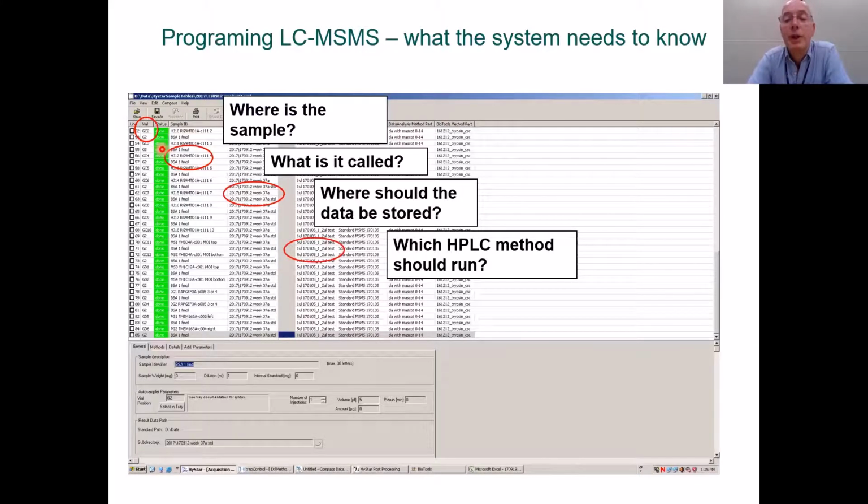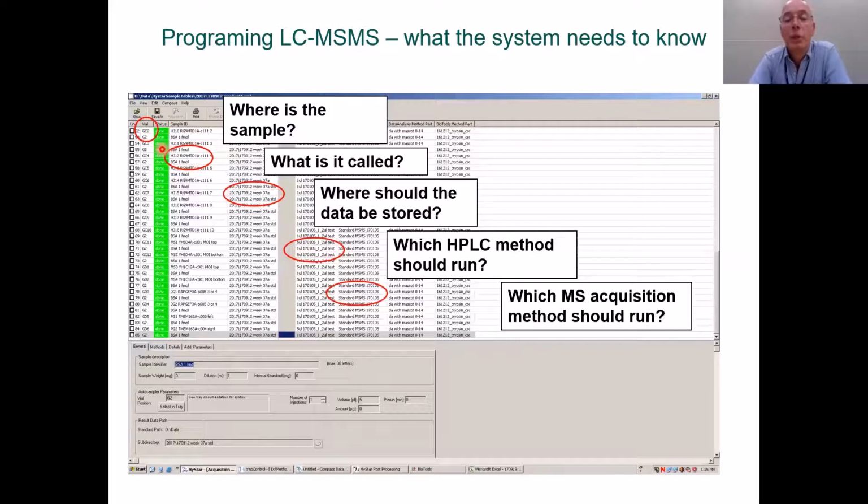We need to know which HPLC method is going to run. Remember, we have an HPLC coupled to our mass spec. It needs to know what gradient and what flow rate it's going to run. We need to know which mass spec acquisition method we're going to use. We can set up the mass spec to do different types of experiment.